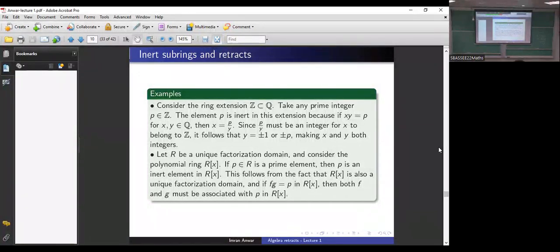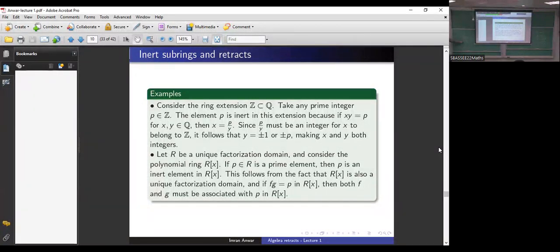Right. And the justification is quite general. We assume that there exist two elements whose product is p. Then from this description, I get x is equal to p over y. So x is going to be p over y. Now x is an integer?